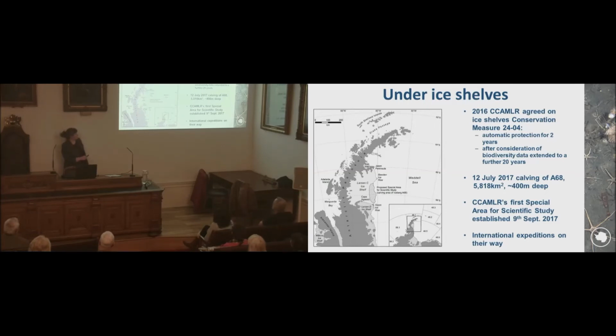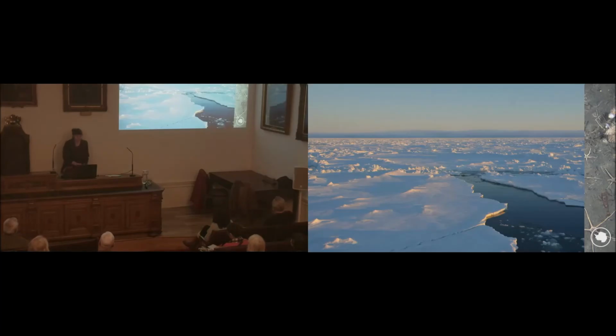So this area underneath didn't have much opportunity to get any ocean currents in to establish a suspension feeding community. For the first time, last September, CCAMLR designated a special area for scientific study, which means this area is now protected for another 10 years from fisheries and only available for research. And international expeditions are on the way to study it.